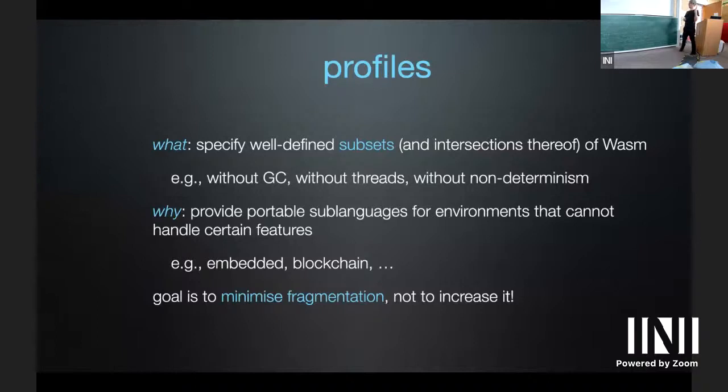Yeah, the goal is really to minimize fragmentation, although this at first looks like we are now introducing fragmentation. It's actually just trying to address a practical thing that's going to happen.